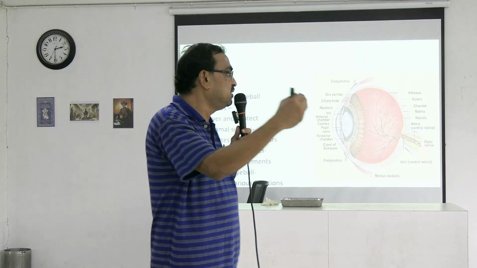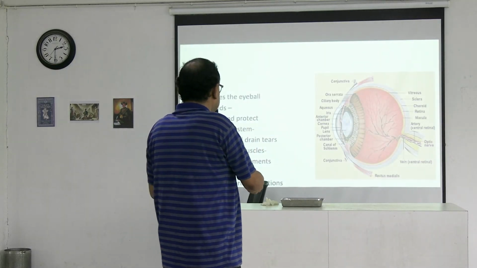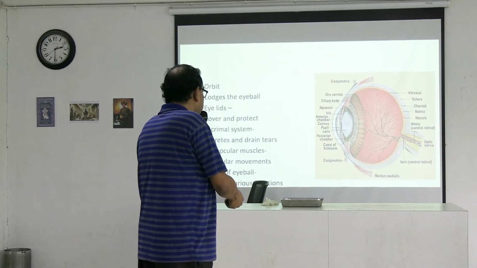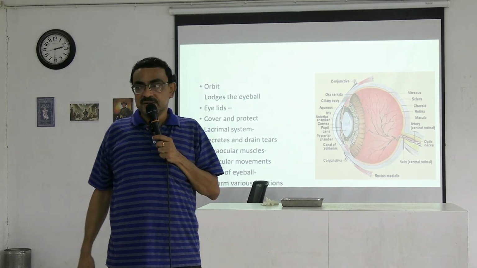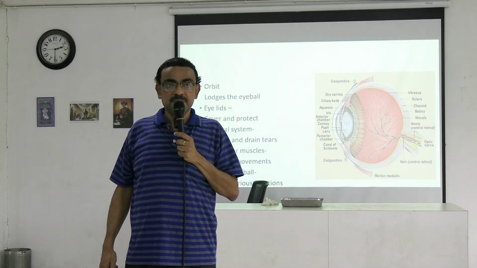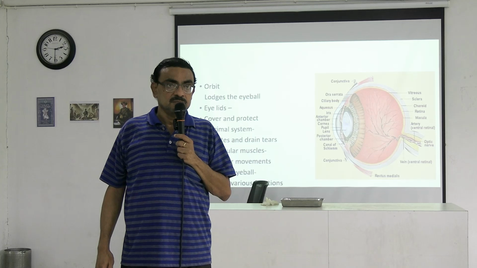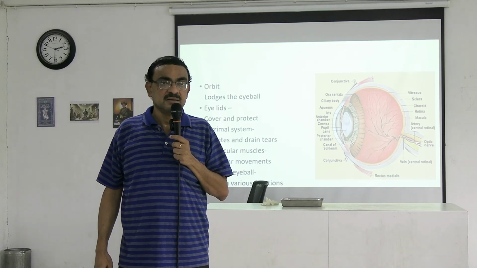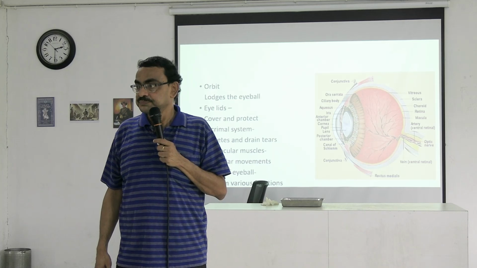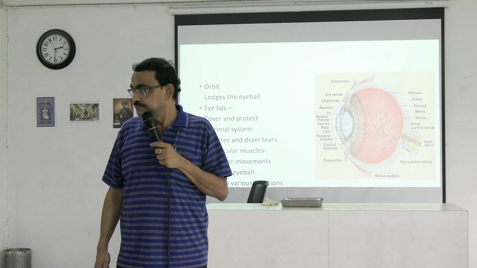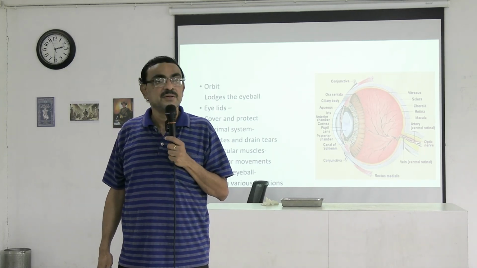They enter through the posterior part of the sclera, 3 millimeter medial to the posterior pole of the eye. Okay.